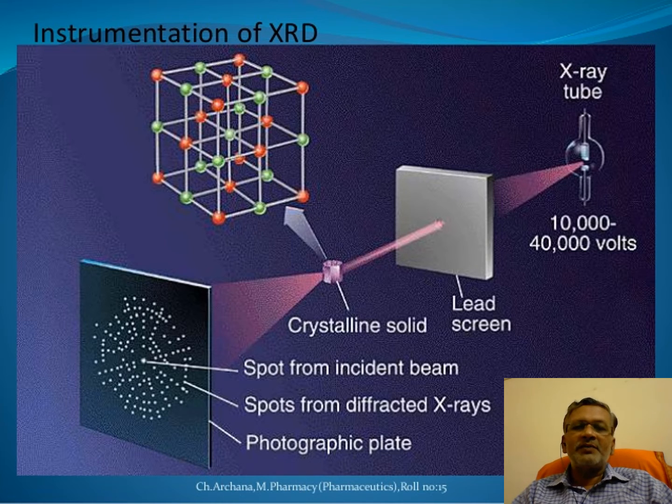The transmitted beam is incident on the photographic plate, and many dots are obtained. By analysis of this photographic film, we can explain the crystal structure of that particular crystal.